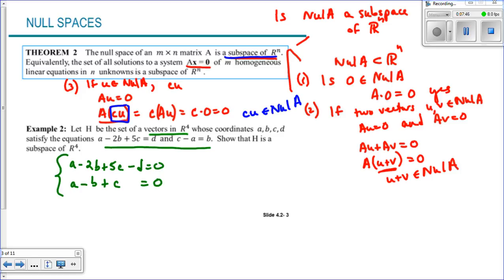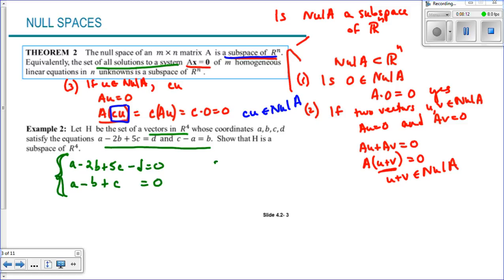H is the set of all vectors whose coordinates satisfy that, meaning that H is the set of all vectors so that these two equations are satisfied. So they're the solutions to this homogeneous system of equations. Since the set of all solutions to this homogeneous system of equations is equivalent to H, then we know that H has to also be a subspace. Okay?